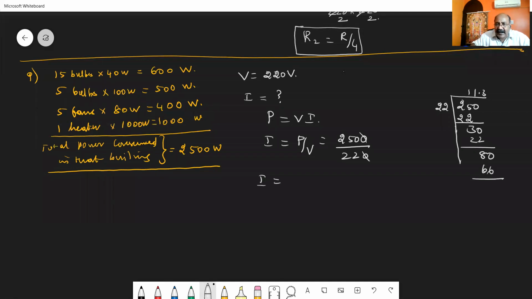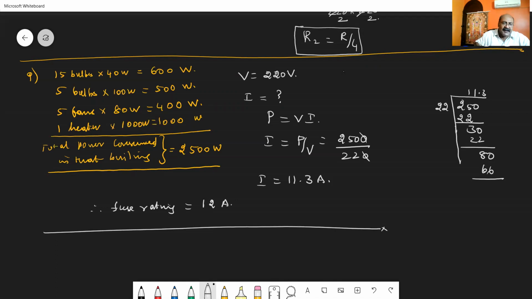So the value of the current should be 11.3 ampere. The fuse wire should have a current rating slightly greater than the current consumed. Therefore, fuse rating is nearly 12 amperes.